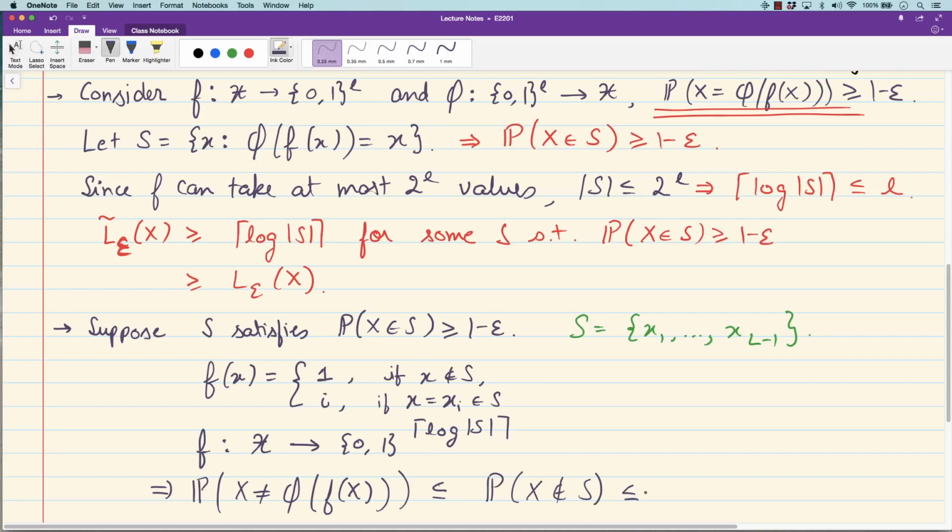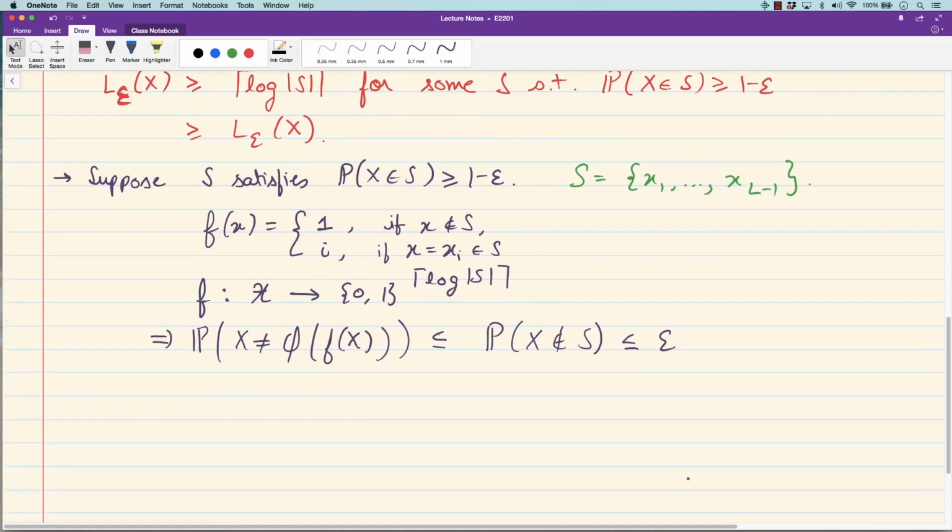And this has probability less than epsilon. Therefore, the L for this mapping exceeds log cardinality of S. Since this S was arbitrary, going over an argument similar to the previous one, what this says is L epsilon x tilde is greater than L epsilon x.